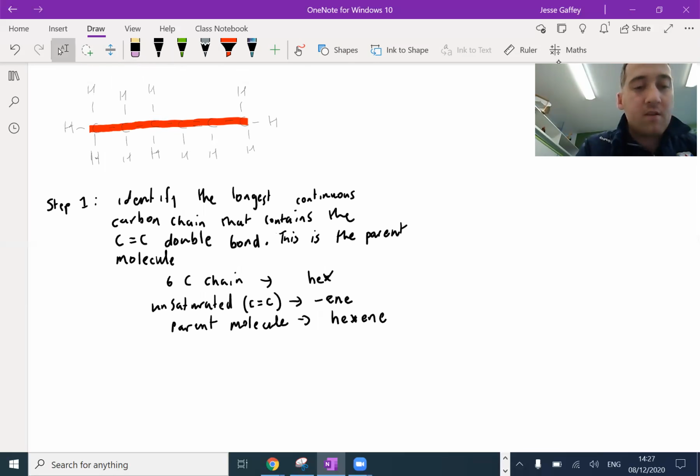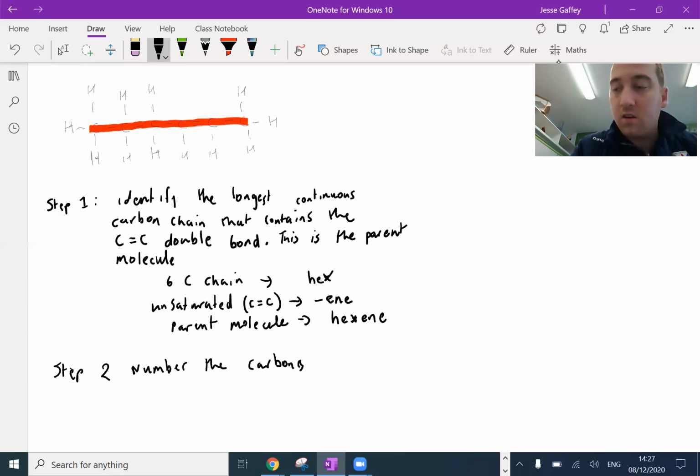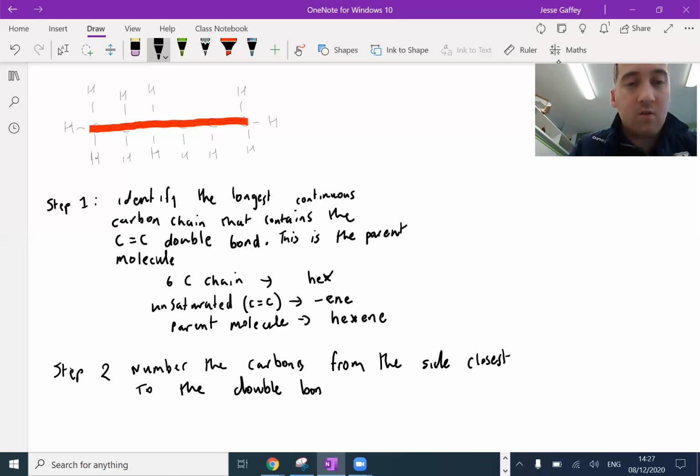Step 2. Number the carbons from the side closest to the double bond. So let's go up and do that up here.